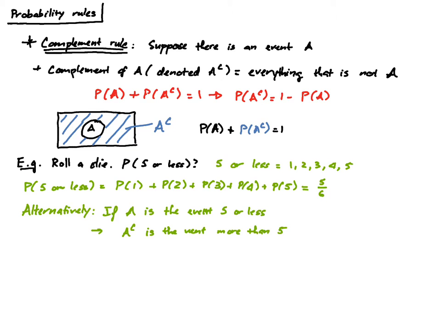Okay. But when you roll a die, more than 5 means that you could get a 6, right? Because there are 6 outcomes, 1, 2, 3, 4, 5, 6. And so more than 5 meaning that you have to get a 6.